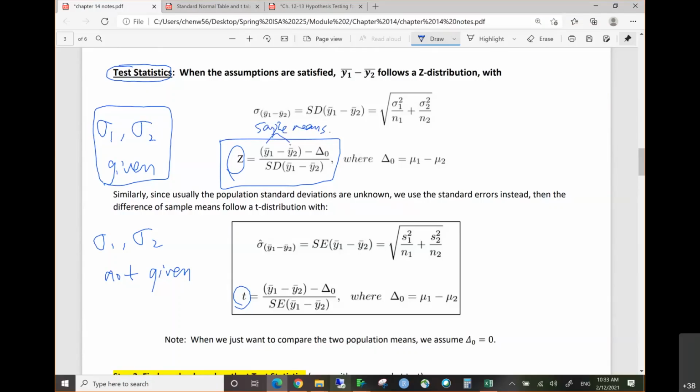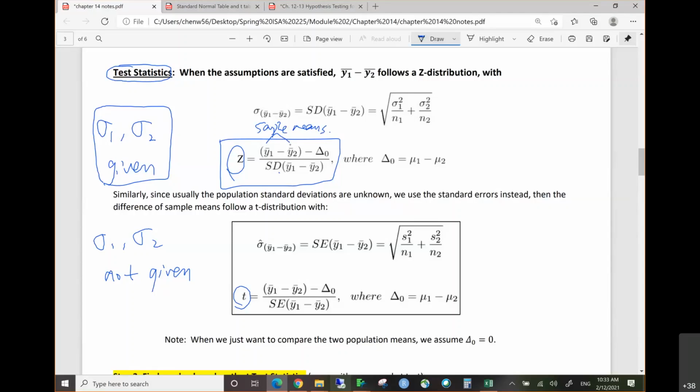So the only thing left is the bottom, the standard deviation of y1 bar minus y2 bar. Some students ask me what's the difference between the margin of error and standard error? What's the difference between these two? So what is the standard deviation first?